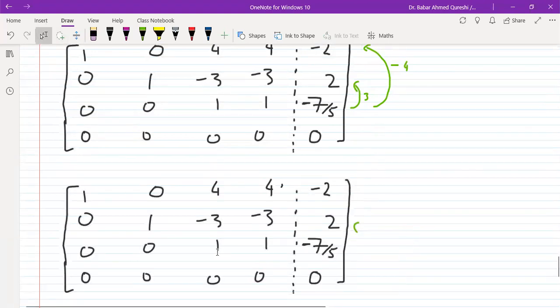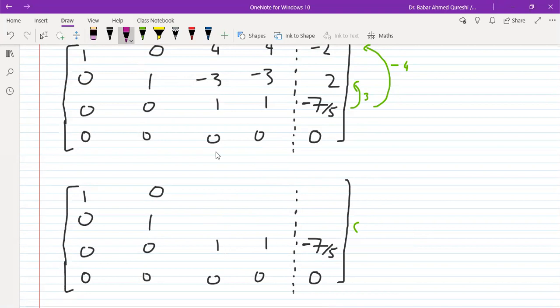So 3 plus 3, these numbers are all going to change. But I have copied the matrix above, so I will be able to read from there. So 3 minus 3, 0. 3 minus 3, 0.